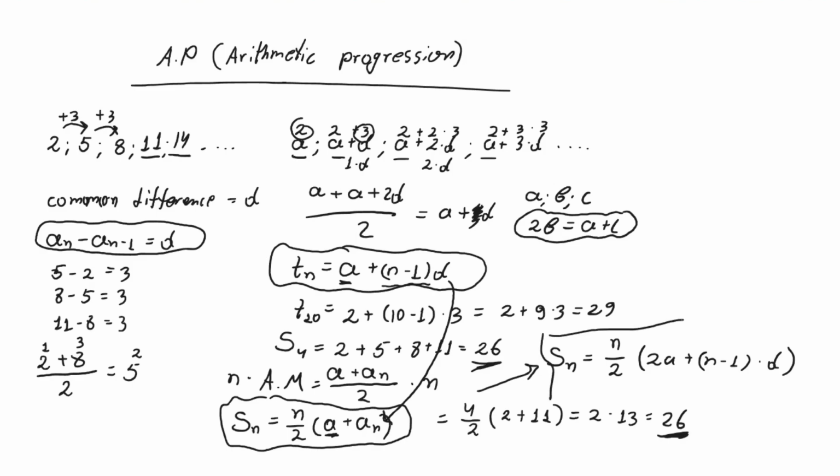And this is a new formula to find the sum also, without needing the last term in the sequence. And these 5 formulas are the most important in arithmetic progression. And good luck.